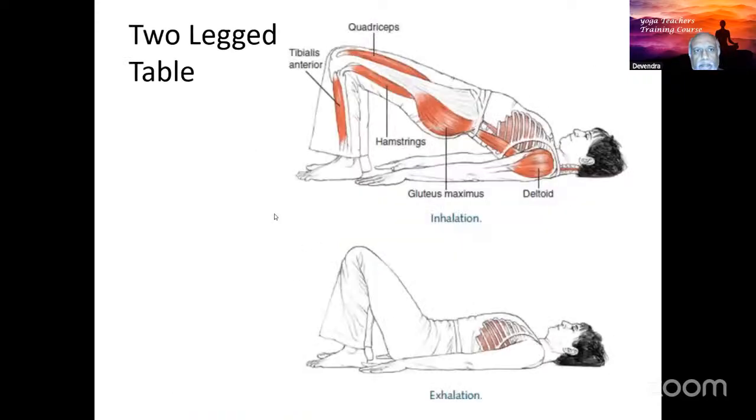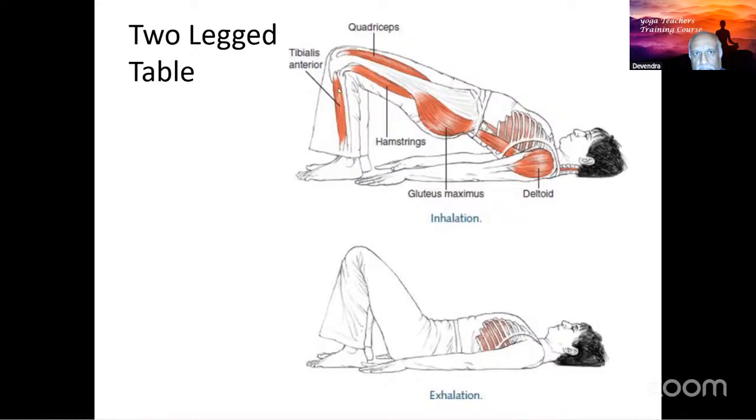And then here we'll see an inhalation and exhalation as we do this bridge. What we'll see is the two-legged table, if you like, there are many terms for that, but this is from a book, so they've used this term.